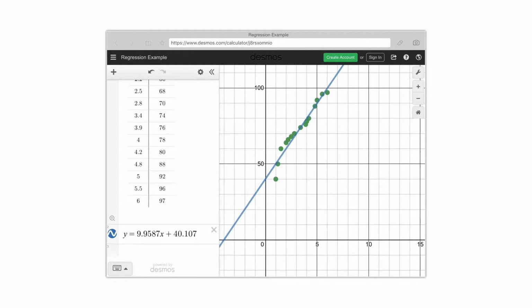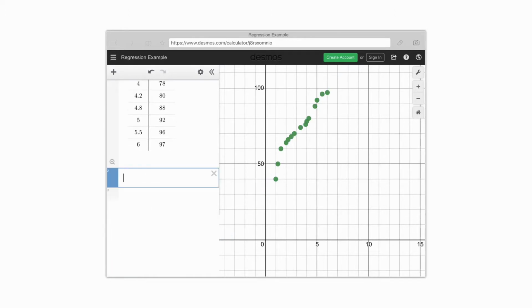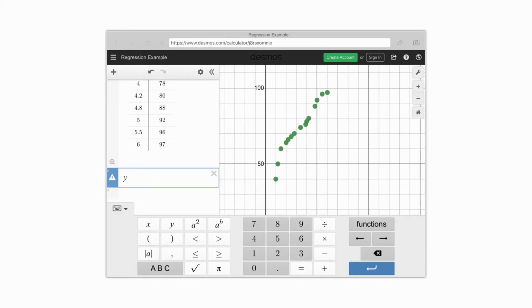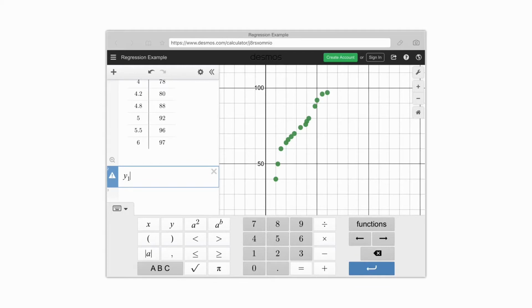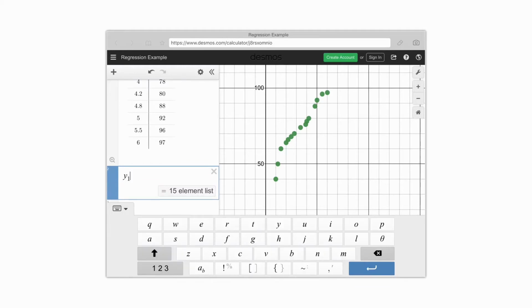The interesting thing as well is that this is something that Desmos has built in. So let's go ahead and do this again. What we do, though, is we go as follows. We type in y, and then we do subscript 1. So we're going to do a small 1 here, because that represents part of our data.